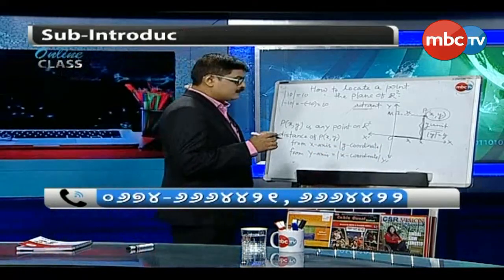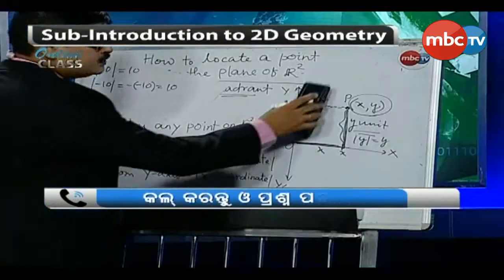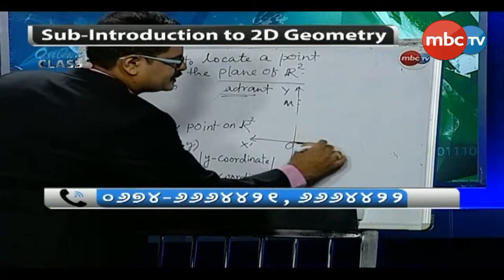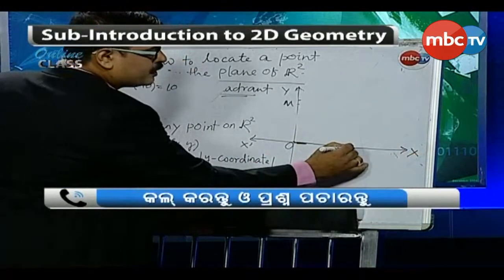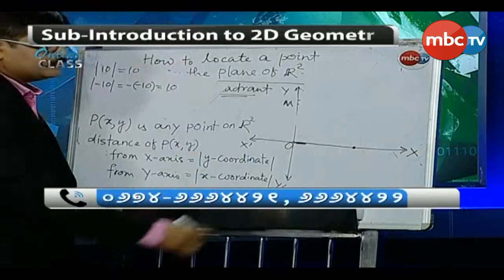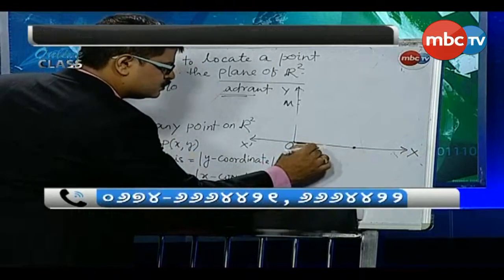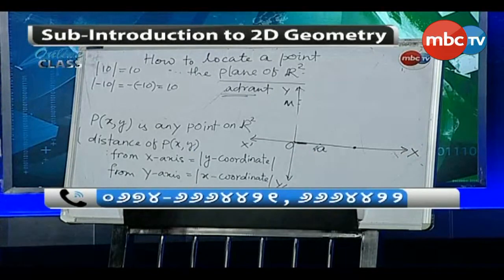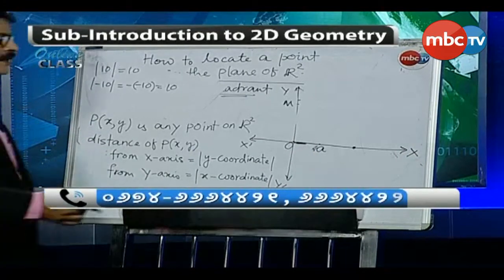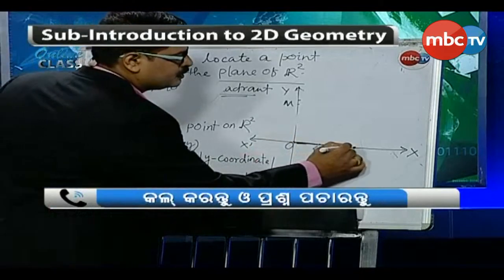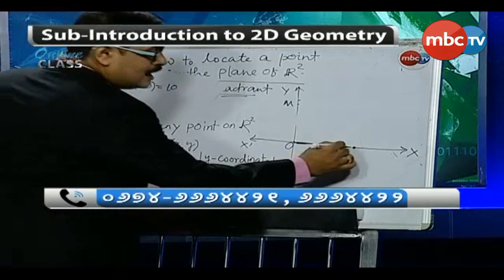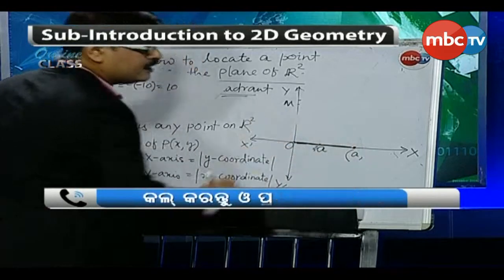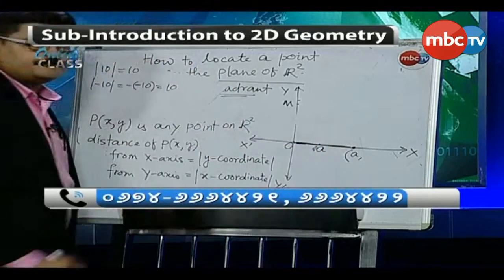Now, dear students, tell me, suppose a point lies on the x axis. Suppose a point lies somewhere here. Say this distance is a. A is obviously positive because we are in the positive part of the x axis. So, let this be a units. Now, the x coordinate will be a.